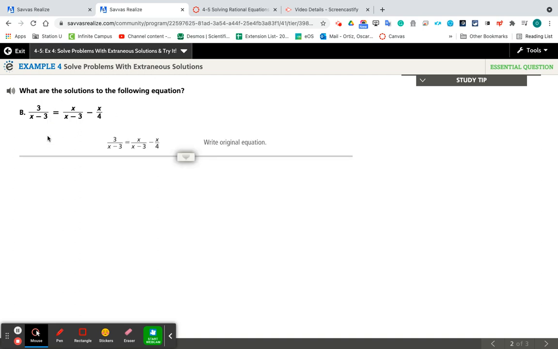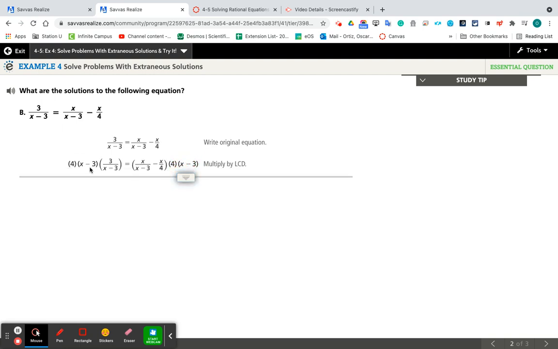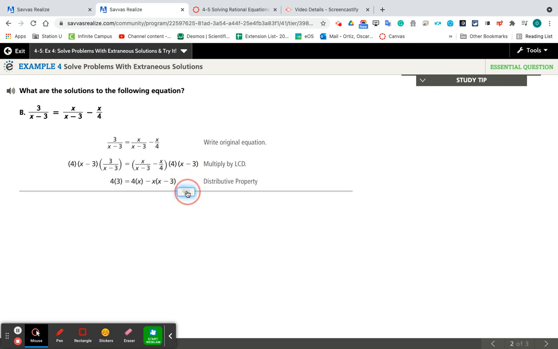So we just gotta solve the equation normally and check at the end if the number makes one of the denominators of the original equation 0 to determine the extraneous solution. So right here, the least common denominator will be 4 times x minus 3. So we want to multiply by 4 times x minus 3 on both sides to eliminate denominators.